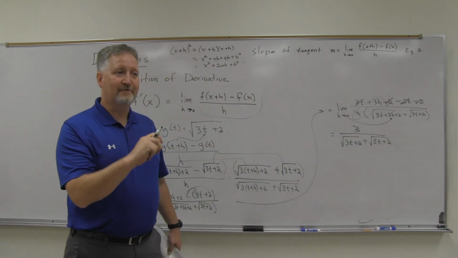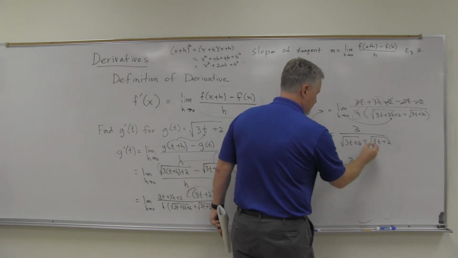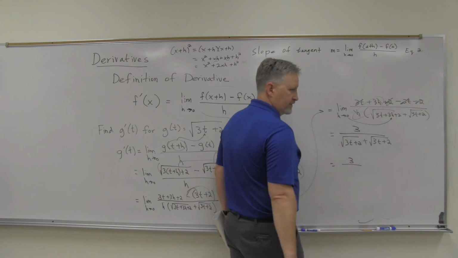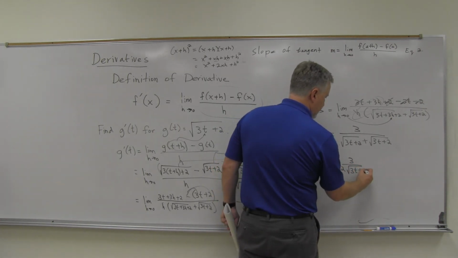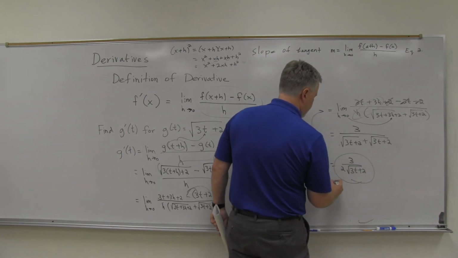That's 2 square roots of 3t plus 2 on the bottom. That's our derivative, 3 over 2 square roots of 3t plus 2. That's my derivative, g prime of t.